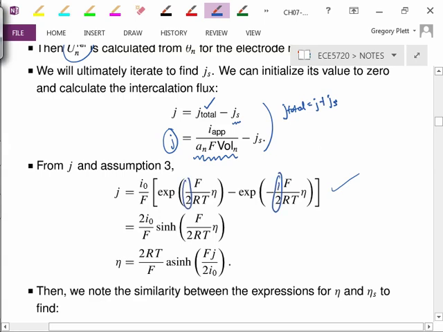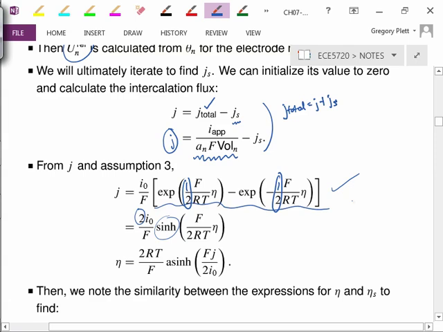That 1 over 2 is already in this equation. Because of that symmetry of the e to the 1/2 thing and e to the minus a half thing, this turns out to be equal to a hyperbolic sine function of this argument F over 2RT times eta, except it's 2 times that, so I get this 2 out here because of this identity of exponentials.